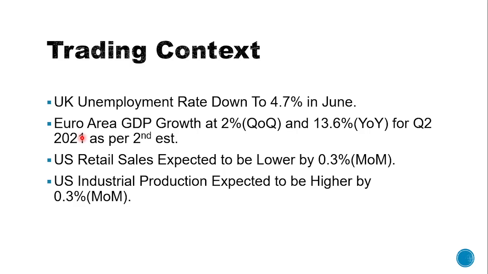The US retail sales have declined 1.1%. I think here I have mistakenly written 0.3%. The actual figure is 1.1% month on month. At the same time, if we look at the same figures year on year, it has registered a double digit growth of 15.8%, and this is simply because of the base effect.